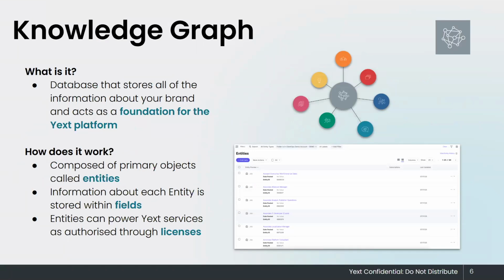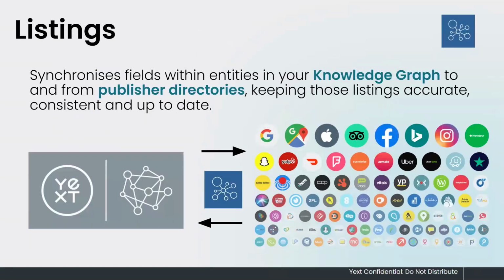The more information you fill out in the knowledge graph, the better. This is how search engines are able to source and then display and surface your brand in those types of searches, okay? So once that information is in the knowledge graph, it will then be distributed and synced to what we call our publisher networks, okay? And we'll get into that right now.